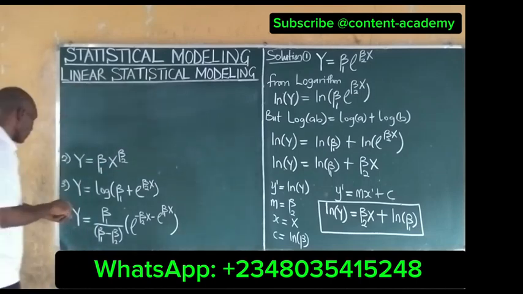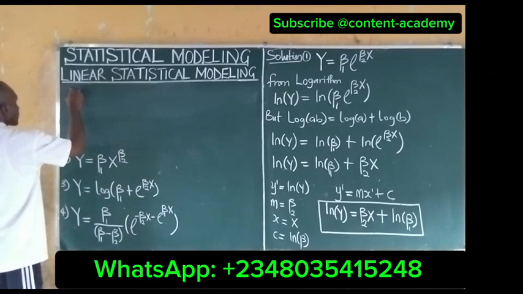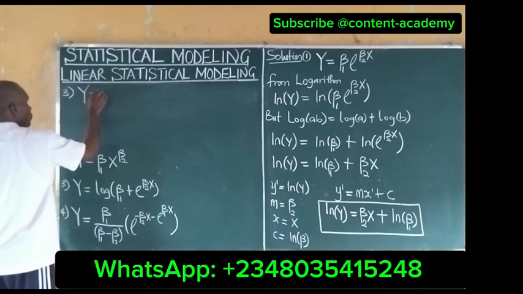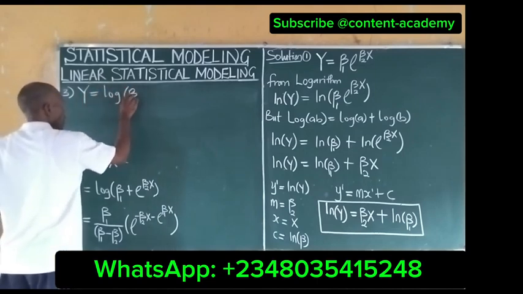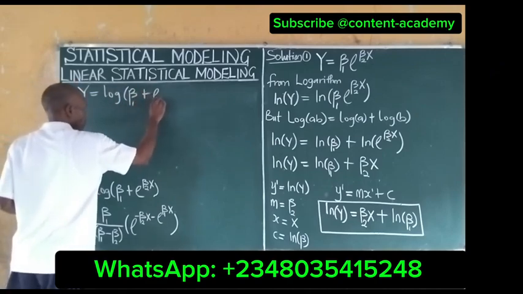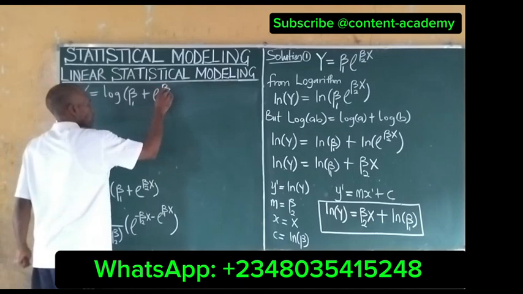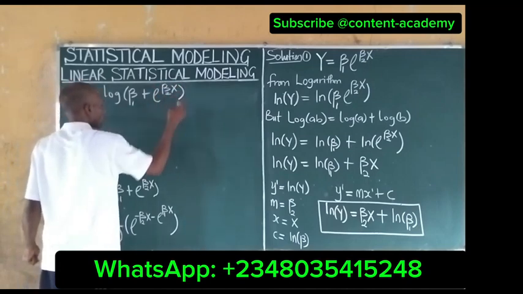So we'll bring our number 3 and 4 up. Number 3 is y equal to log b1 plus exponential b2x.